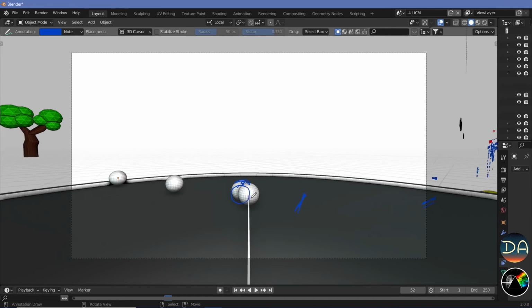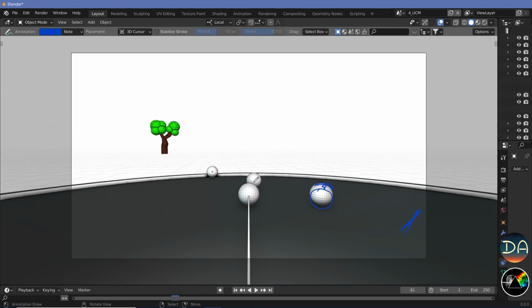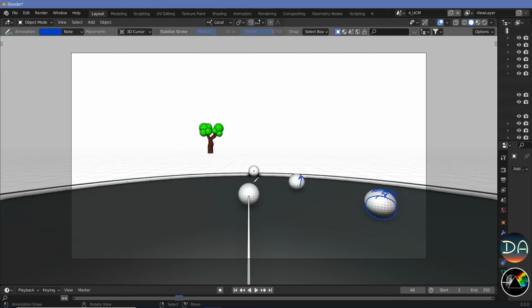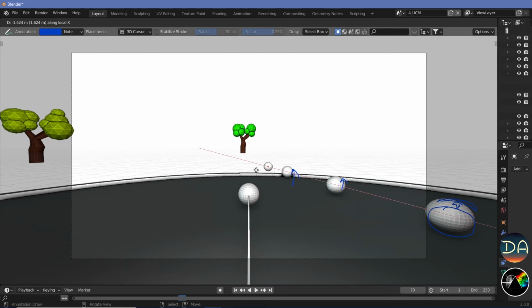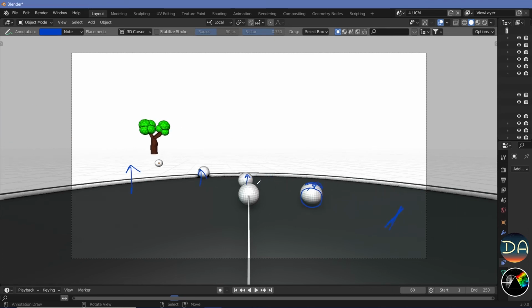As he continues his motion, he sees that the ball is now this much further away from where it should have been. And then as he moves forward some more, he sees that the ball is now much further away. So similarly, if he continues moving, he would see the ball move even further away. But as you see, the ball is still moving in a straight path away from him.